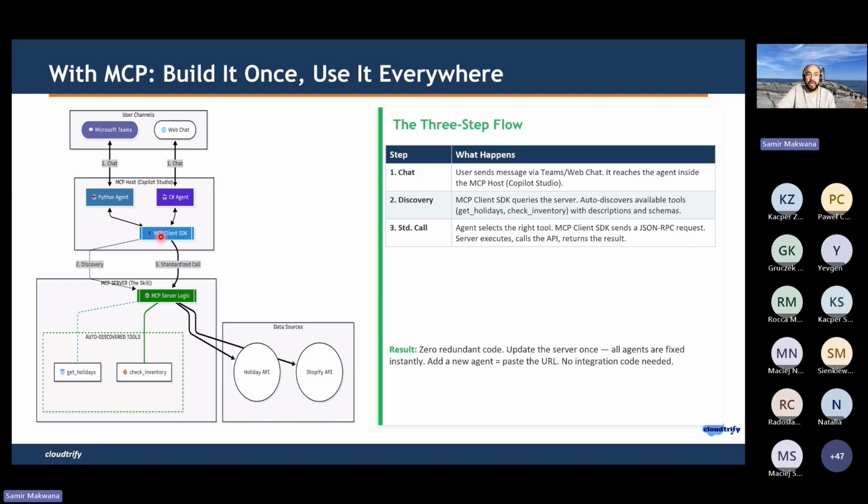So it says, okay, MCP client, talk to the MCP server and find out if there's any tool available which can help me get the holidays. This is nothing but an API call configured at the MCP server level rather than at the MCP host, the agent or the Copilot Studio level. That API call is made to the respective API and gets the answer back to the user. And this is just a standard 3-step flow, as I explained to you just now, right?